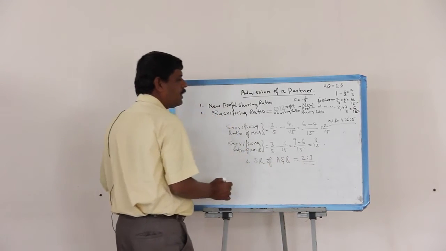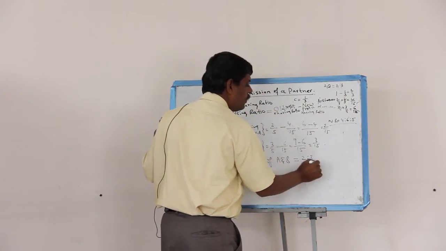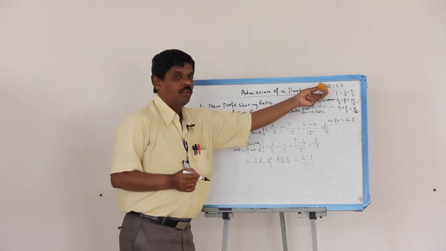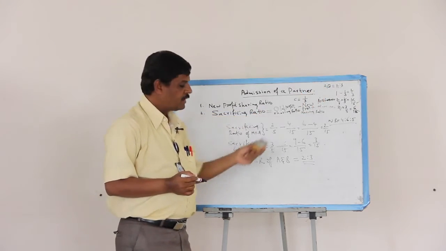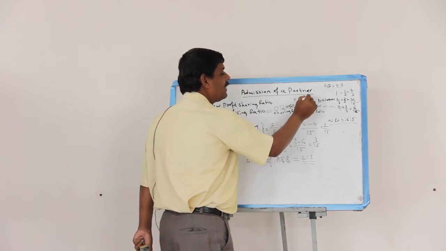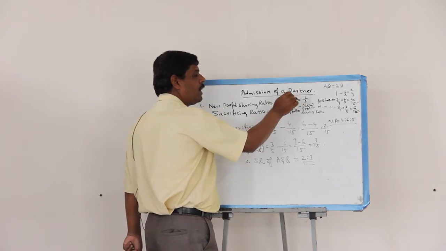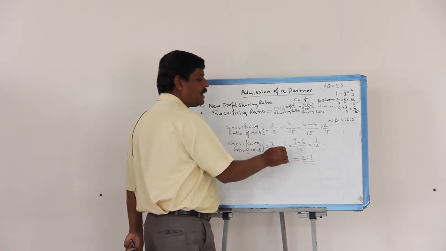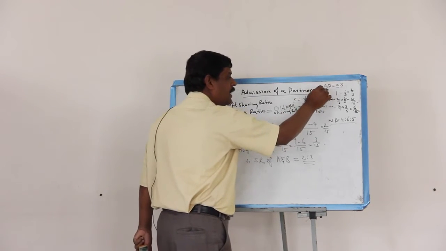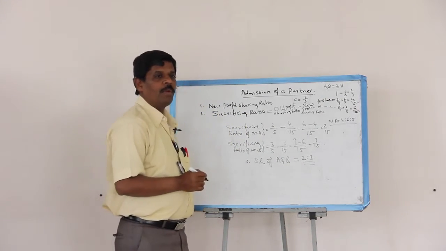If you look carefully, your old ratio and your sacrificing ratio are the same, 2 is to 3. Whenever a fraction like 2 by 3, 1 by 3, 1 by 4, 1 by 5 is given for the new partner, we need not calculate the sacrificing ratio of the existing partners. Whatever their old ratio is, the same ratio becomes the sacrificing ratio. You can remember this and then do the problems.